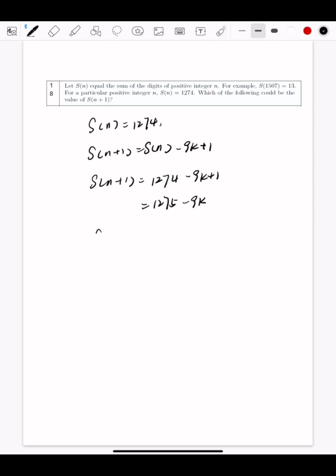And suppose that this means n ends with the 4 trailing 9s. So the digit sum change fits the rules.